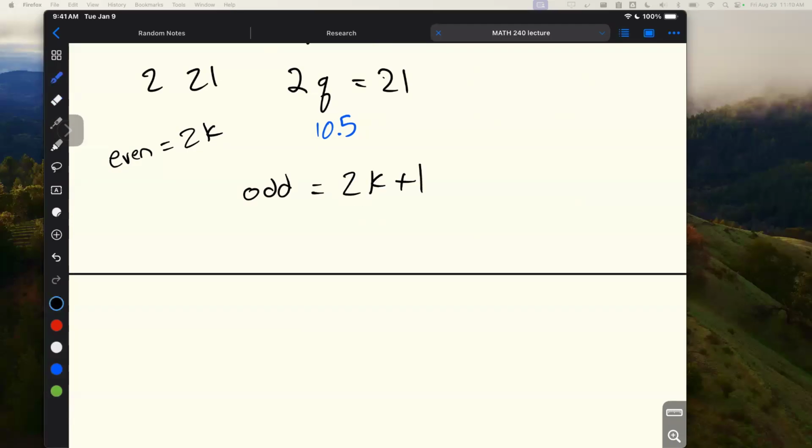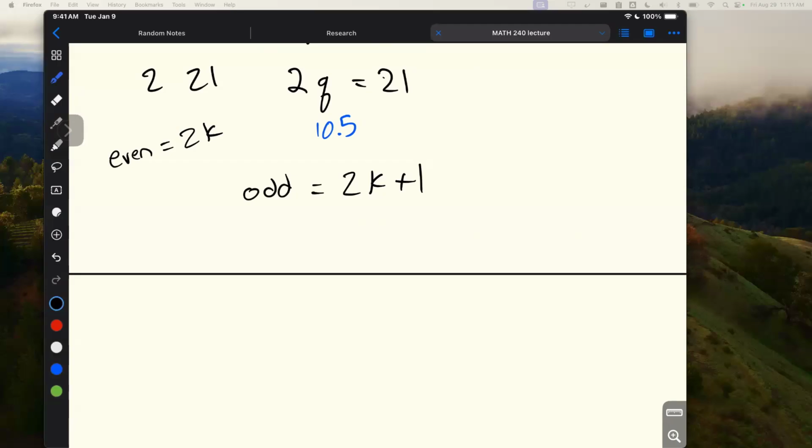2k plus 1. Yeah. So that's how we write an odd number, where we know that any odd number is 1 more than an even number. We just know that from like 2, 3, 4, 5, 6. They alternate. And so we take any even number, we add 1, we get an odd number.